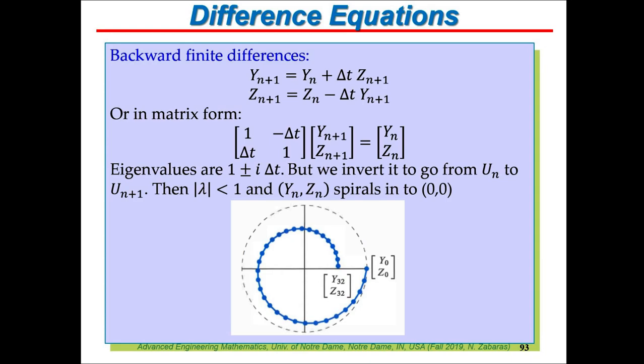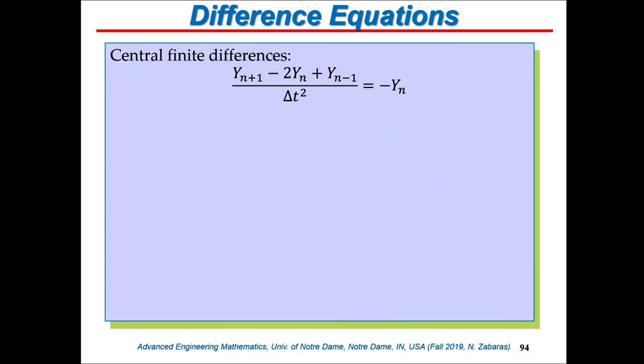Is there any better approximation? One of the better approximations that you will learn is to use central finite differences directly on the original equation. So you remember my original equation was y double prime, the acceleration, equals minus y. So if you use a central difference for the second derivative, you get something like that.